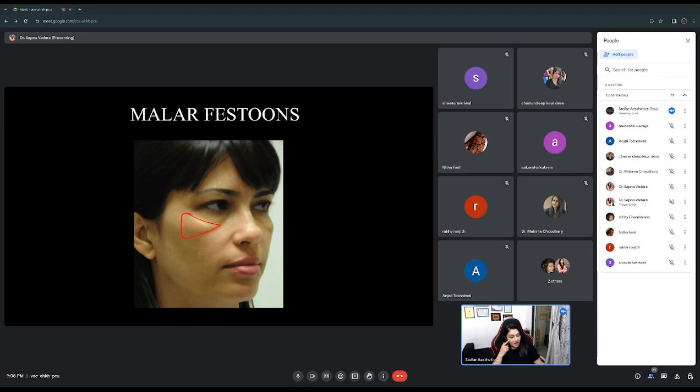Then this area around the cheek will start looking puffy. So malar festoons are usually not always present. They would come and go. Sometimes they would be more prominent, sometimes less prominent. Sometimes it looks too much, sometimes it becomes flatter, and whenever I have not had good sleep or I have had alcohol, there is more puffiness. That would be the concern of the patient. Can anyone tell me the cause of malar festoons?